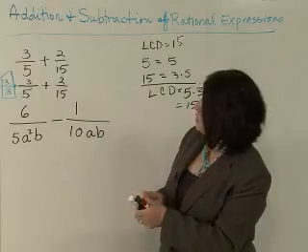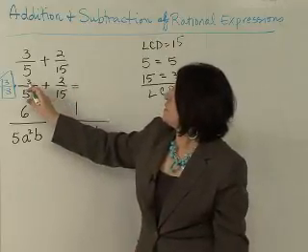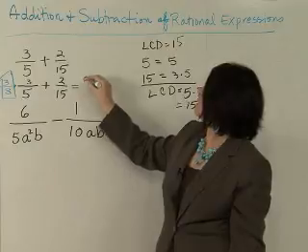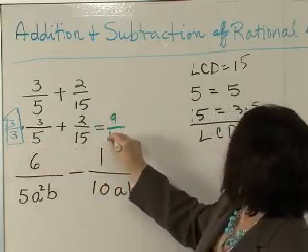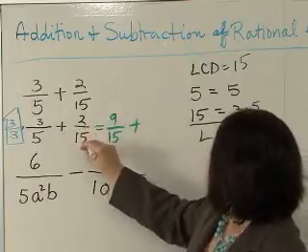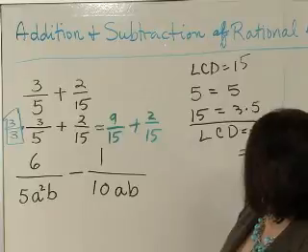So this takes me to the next step. This fraction now becomes 3 times 3 is 9 over 3 times 5 is 15, plus 2 over 15. I don't need to change anything because my LCD is 15.